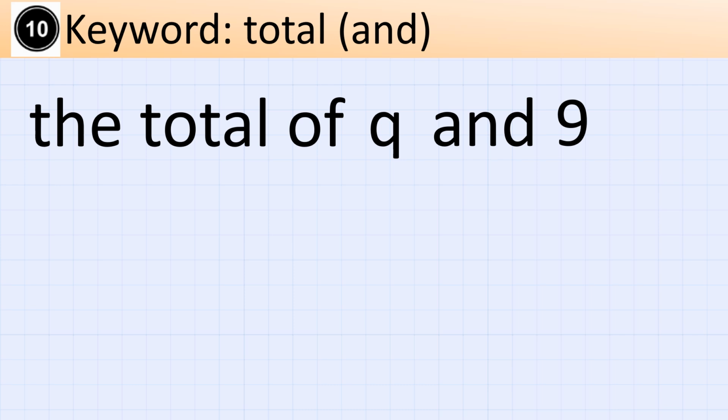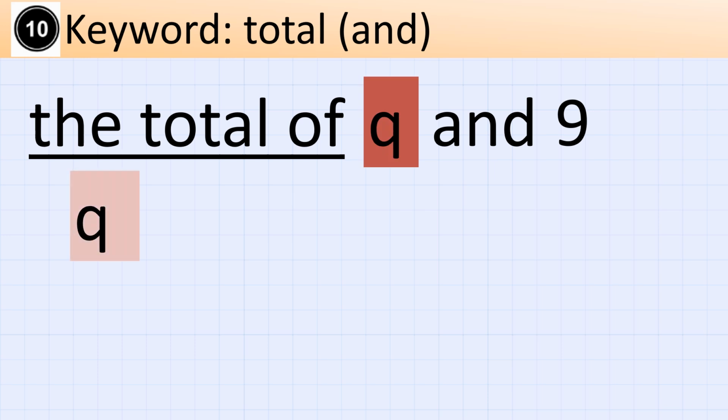Another keyword is total. Total means addition. So instead of translating the word total to addition, we use the word and to be translated to a plus sign. Example, the total of Q and 9. So the total of indicates addition, and we have to add Q and 9.